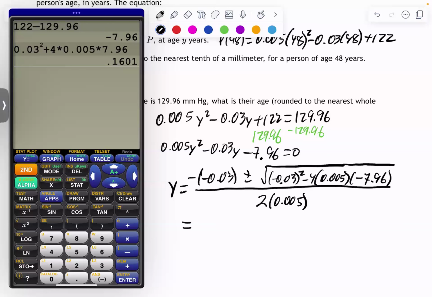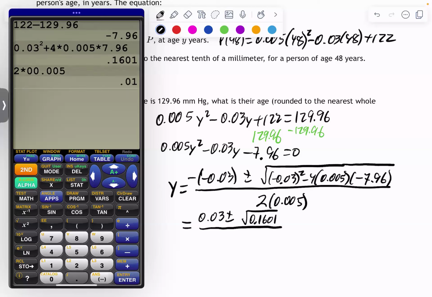So this becomes, what is 2 times 0.005? 0.01.